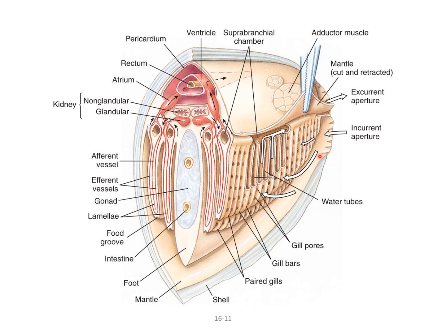So again, water comes in, goes through these little holes on the gills, goes to a large tube at the top of the gills, and out through the back of the excurrent aperture.